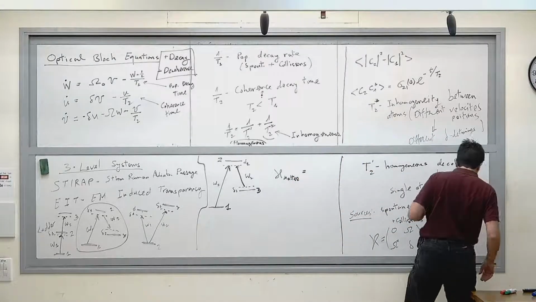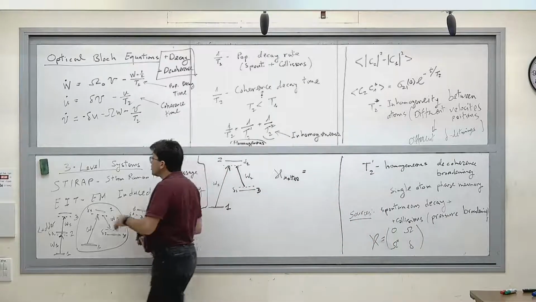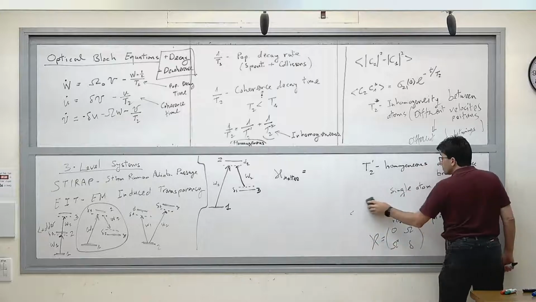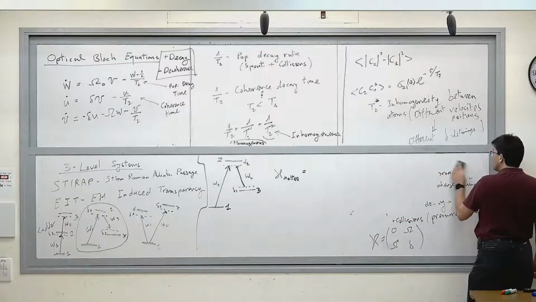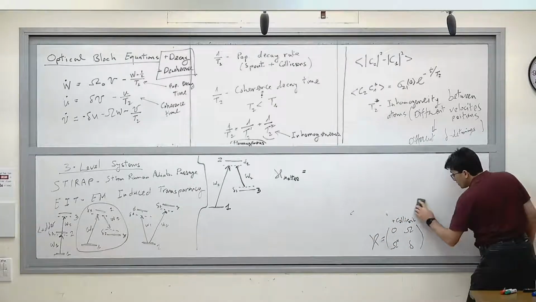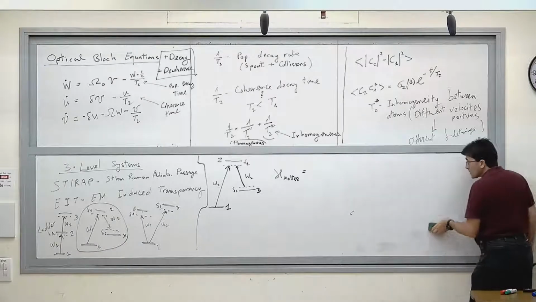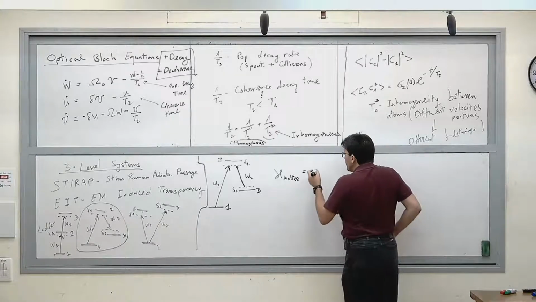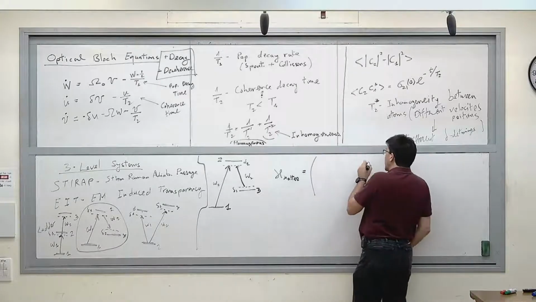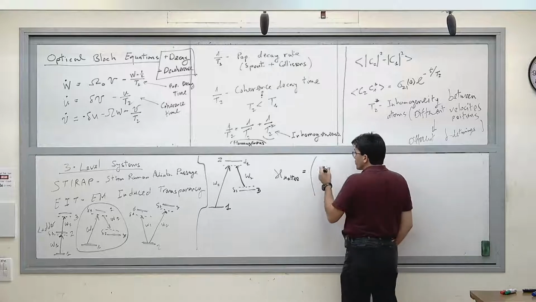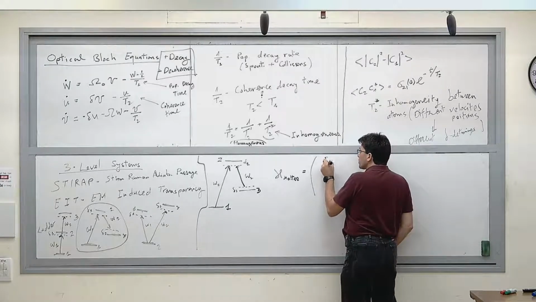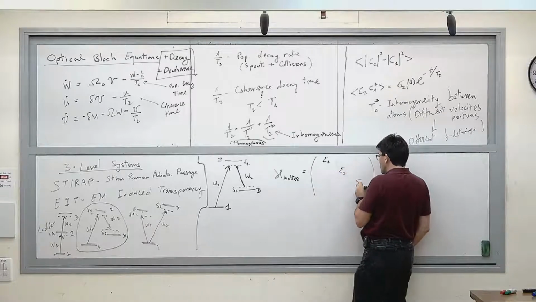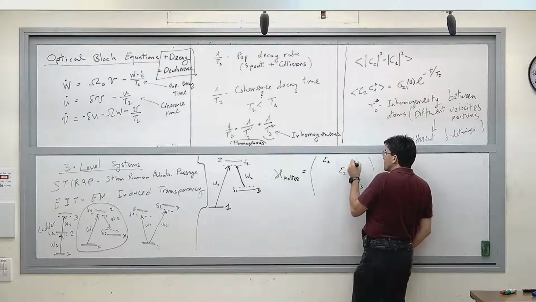Well, we know how it looks. This is a diagonal matrix with energy 1, energy 2, energy 3, and 0 everywhere.